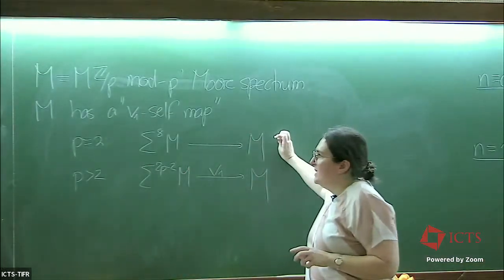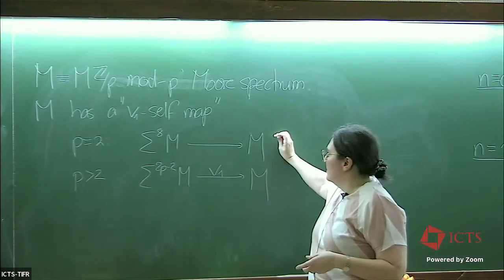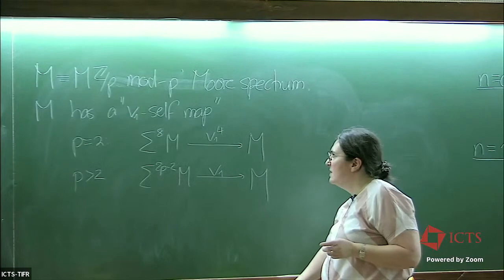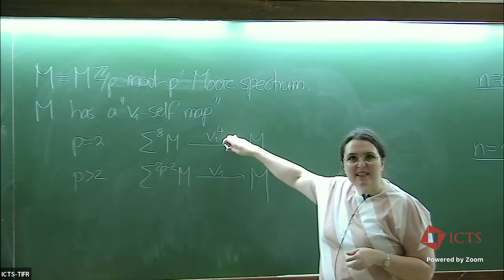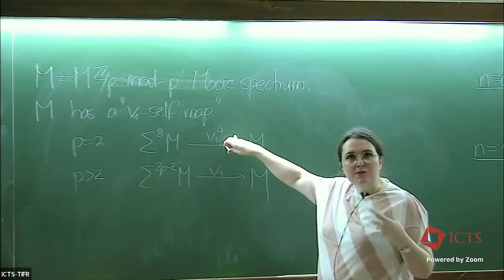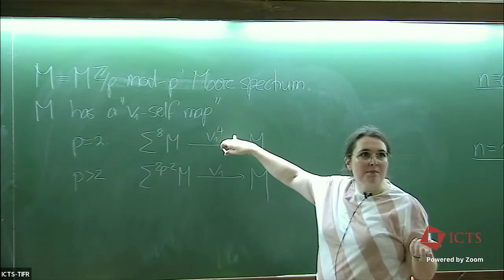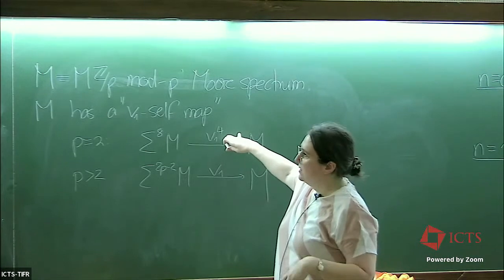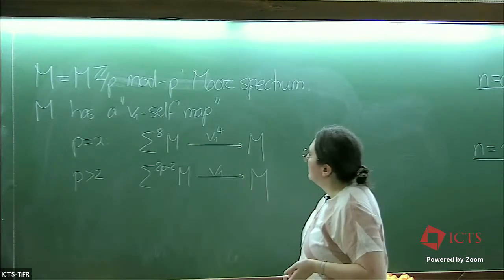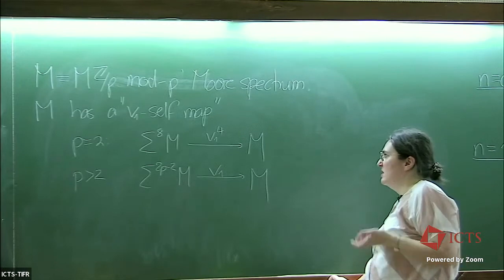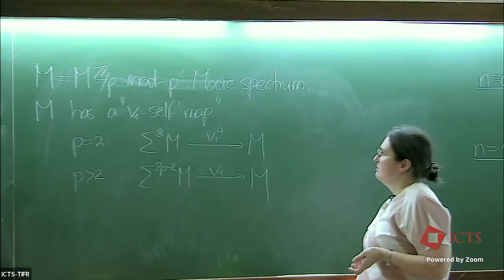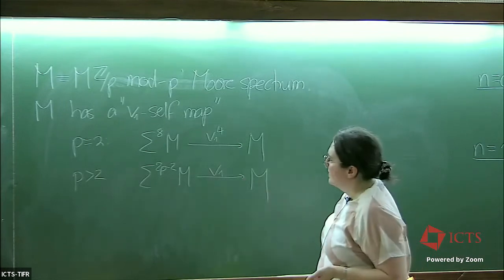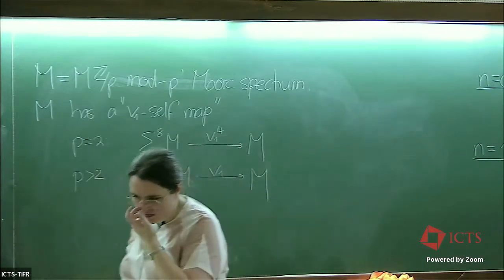In this case, it will induce v1 to the 4 on K-theory. So people write just that. But it is not the 4th power of some other existing map. That is the smallest existing map that induces some power of v1 on K-theory. So that is just kind of abuse of notation.